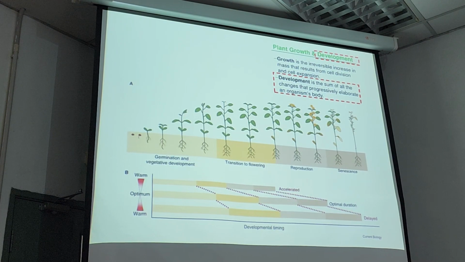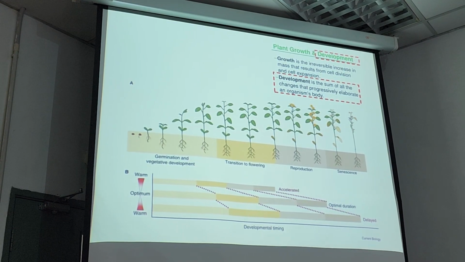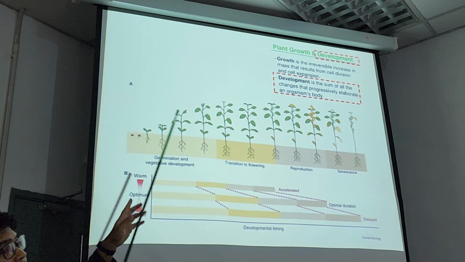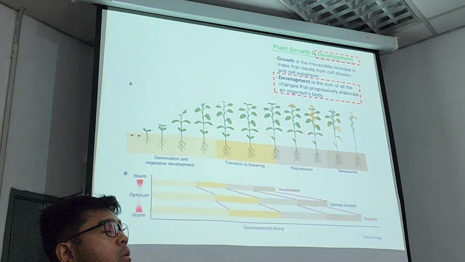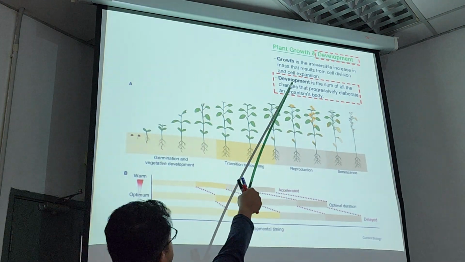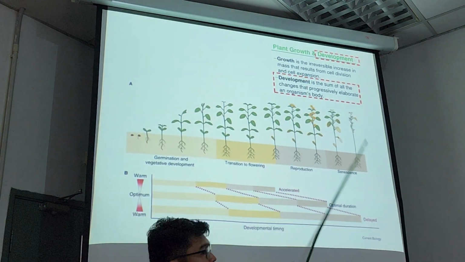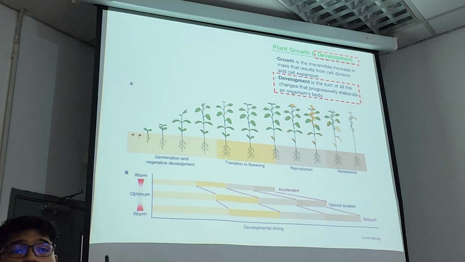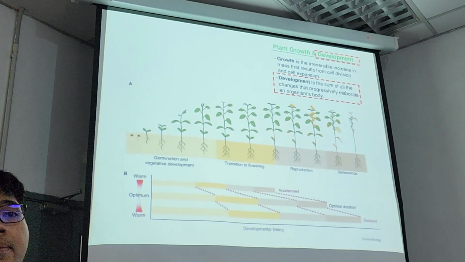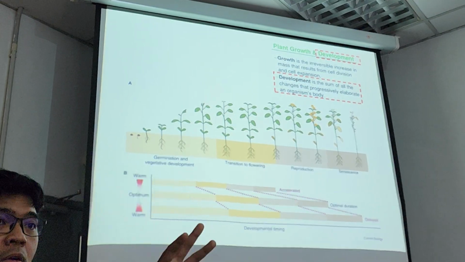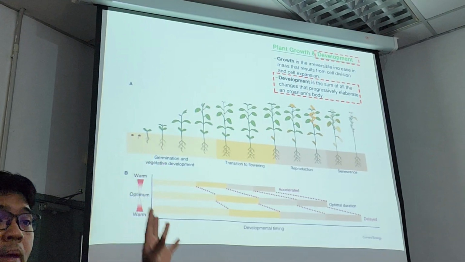Okay, so be sure you know how to differentiate between these two terminologies. Growth: irreversible increase in mass. That's the keyword. It increases in mass, not necessarily change the form of it. If it's once a tomato, now it just becomes a bigger tomato.